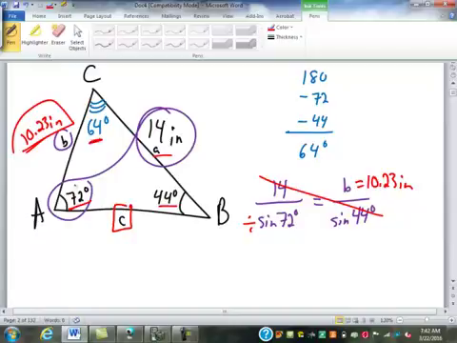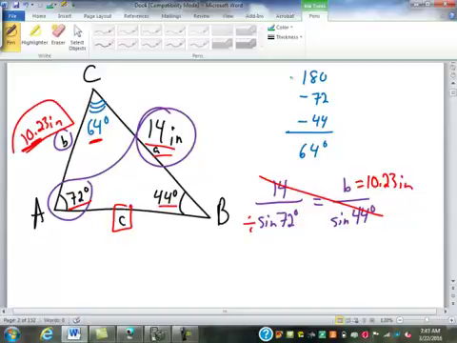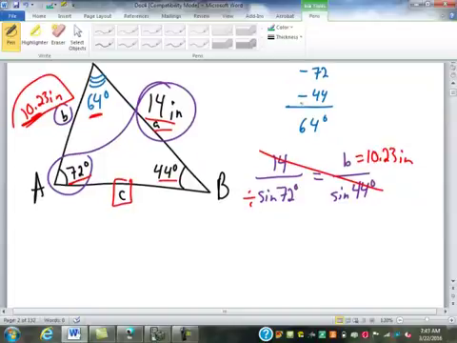It's between them, right? 64 is between them, so it better be between 10.23 and 14. Just little thoughts like that help avoid some careless errors. If you miss a button on the calculator or hit an extra button, it can give you an outrageous answer. By just that quick double check, it can catch that.